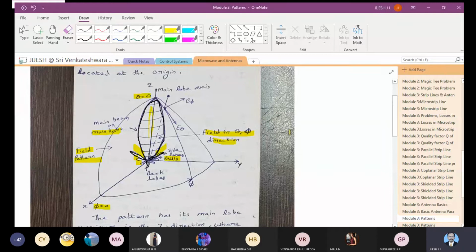So the main thing what you have to understand here is the main lobe, side lobe, nulls, the direction phi, direction theta, and E component E theta, E phi, and the component R, that is the radius of the pattern.